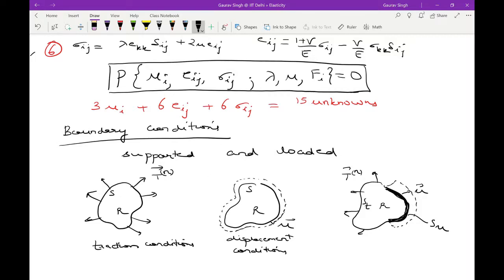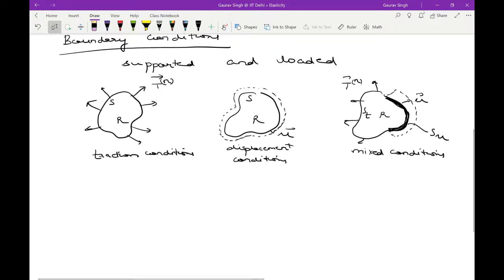This is ST. So this is called mixed conditions. Okay, so there are three basic categories, and needless to say S will be equal to ST plus SU. SU is the part where the displacements or the support is specified, and ST is the part where the loading or the traction is specified.